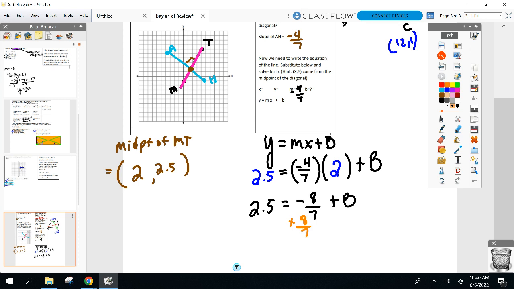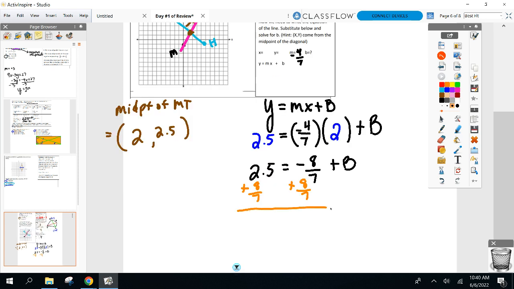So add it over. Try to leave your answer as a fraction here. I know it's not the best fraction, but I told you it was going to be a little crappy here, but what do we got? 51/14 for the b value.